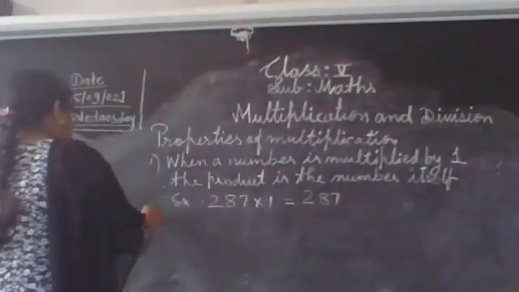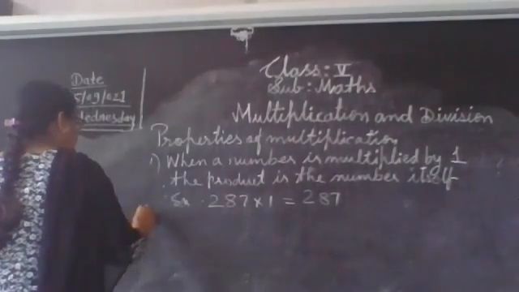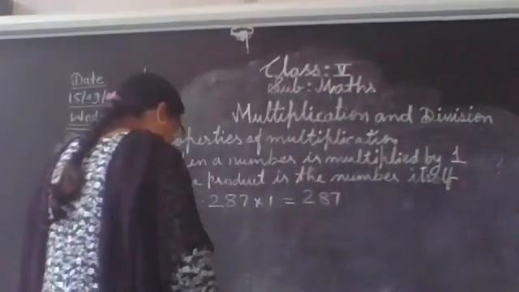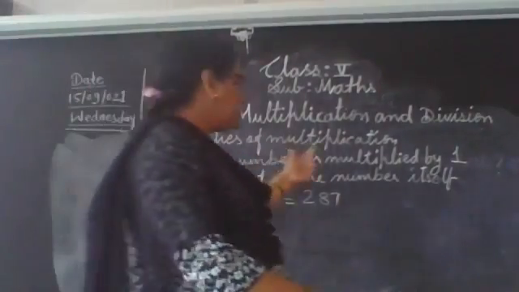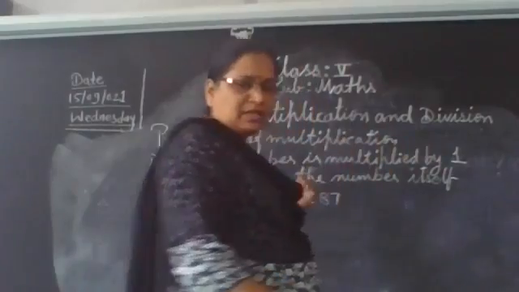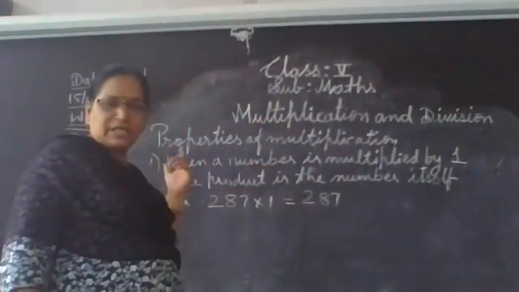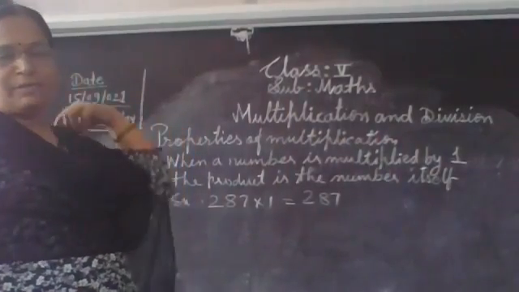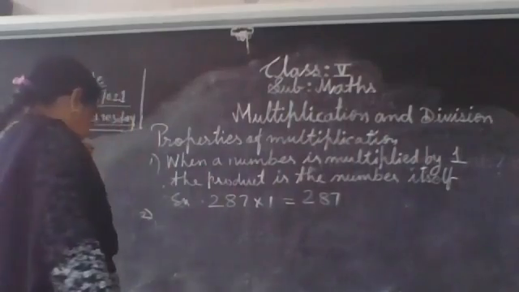Now the second property. When a number is multiplied by 0, see, if you multiply any number by 1, you get the same number, or the number itself. But if you multiply any number by 0, your product is 0.